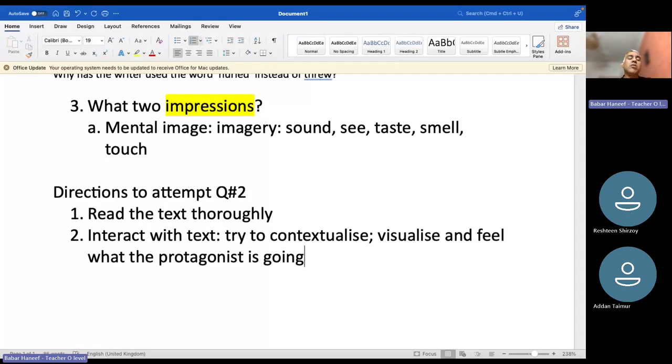These are the feelings you need to look into when you're reading the text. So try to contextualize it, relate to it, and help yourself imagine what is happening in the text. These are the only techniques that will help you answer question number two.